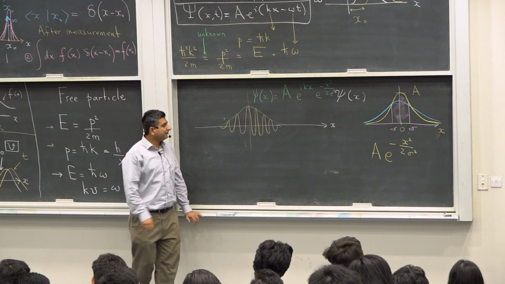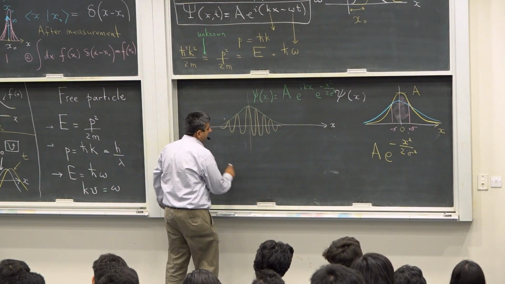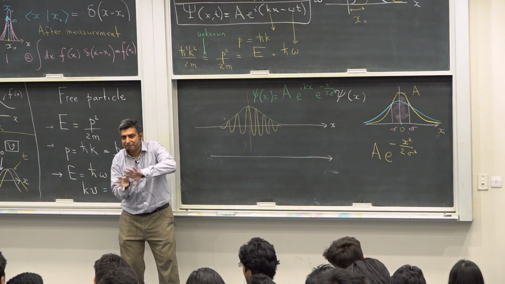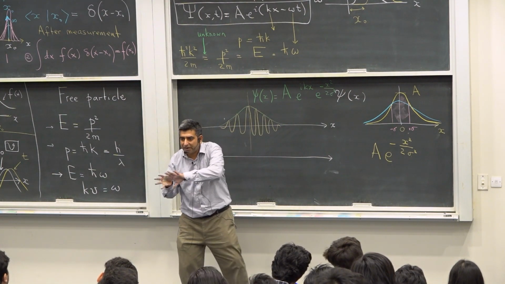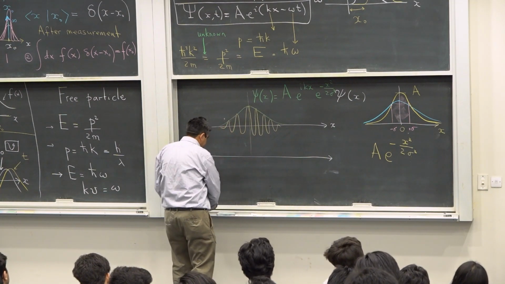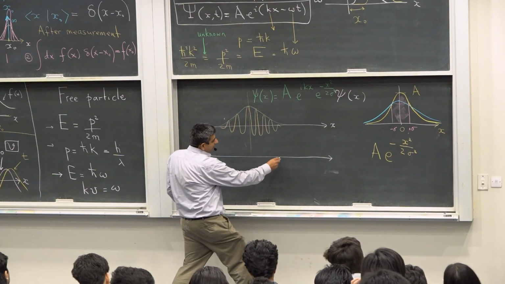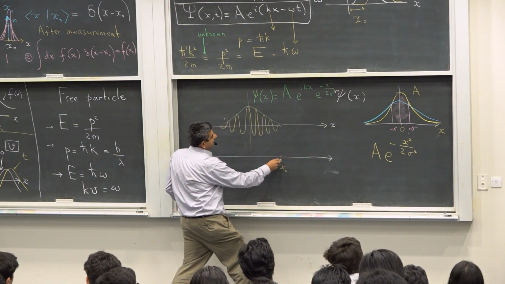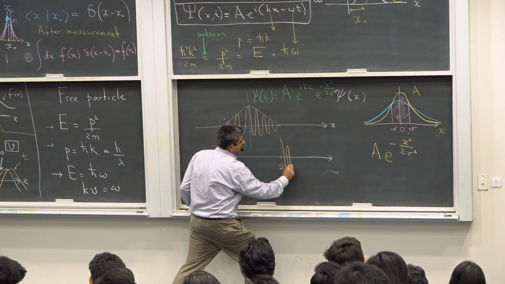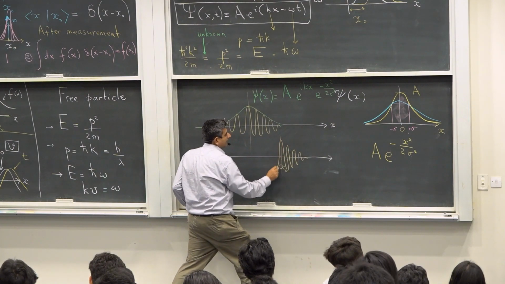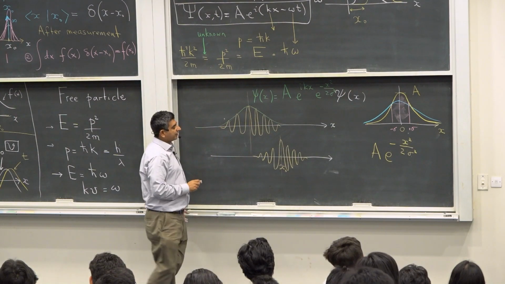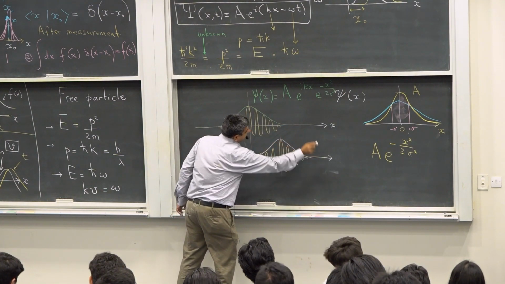If at some later point in time, this entire wave function shifts to the right, like a particle moving to the right, then this entire wave function is displaced. Suppose at some later time its peak is at x naught. So the peak of the envelope is at x naught. So this is our new function at some later point in time.